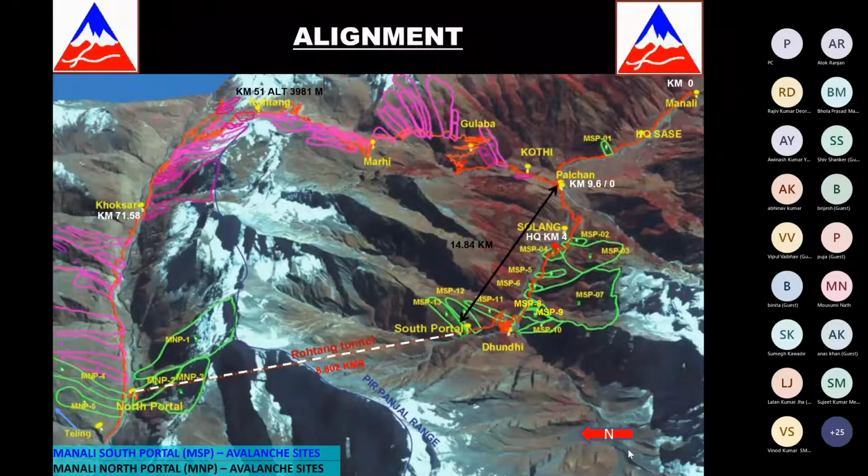The tunnel goes through the underbelly of Rotang Pass and comes out at Sisu, so the complete Rotang Pass is avoided. The tunnel is at 10,000 feet and Rotang Pass is almost at about 15,000 feet, cutting down the distance by 46.